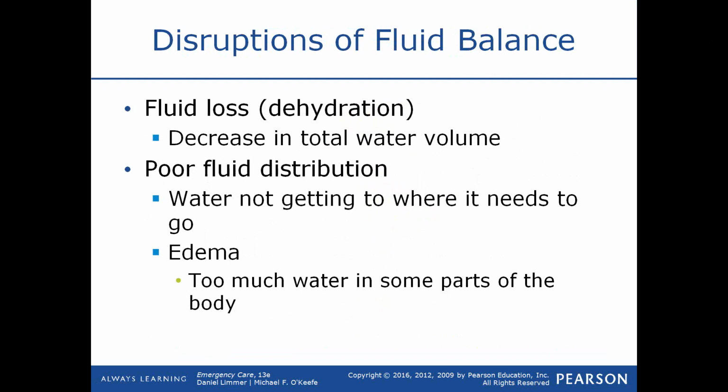Now, when you have poor fluid distribution, that means the water is not getting to where it needs to go. In some cases, like when the right side of your heart fails, you can develop edema out in the periphery, out in the arms and legs, out in the liver, because the right side of the heart receives its blood from the body.